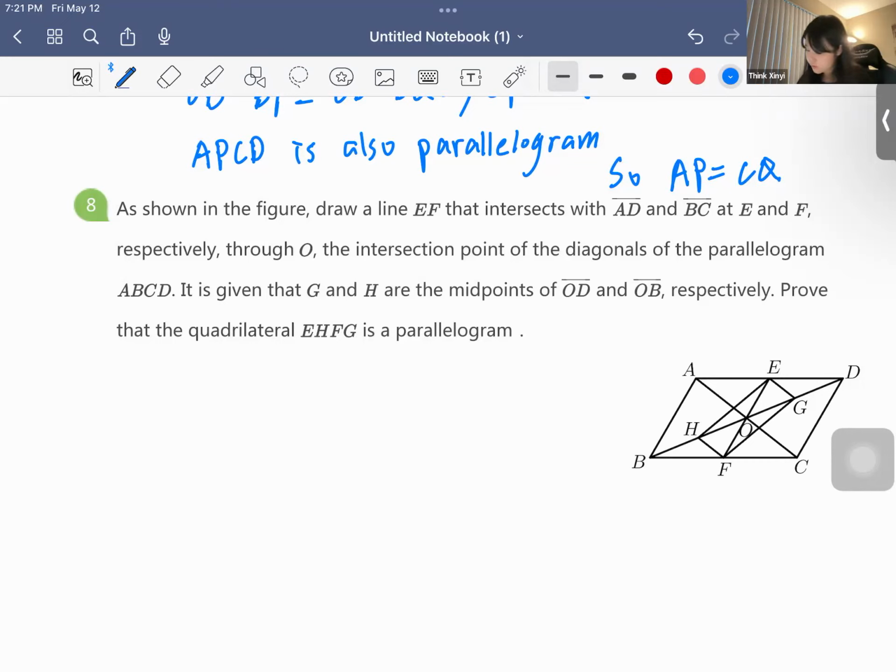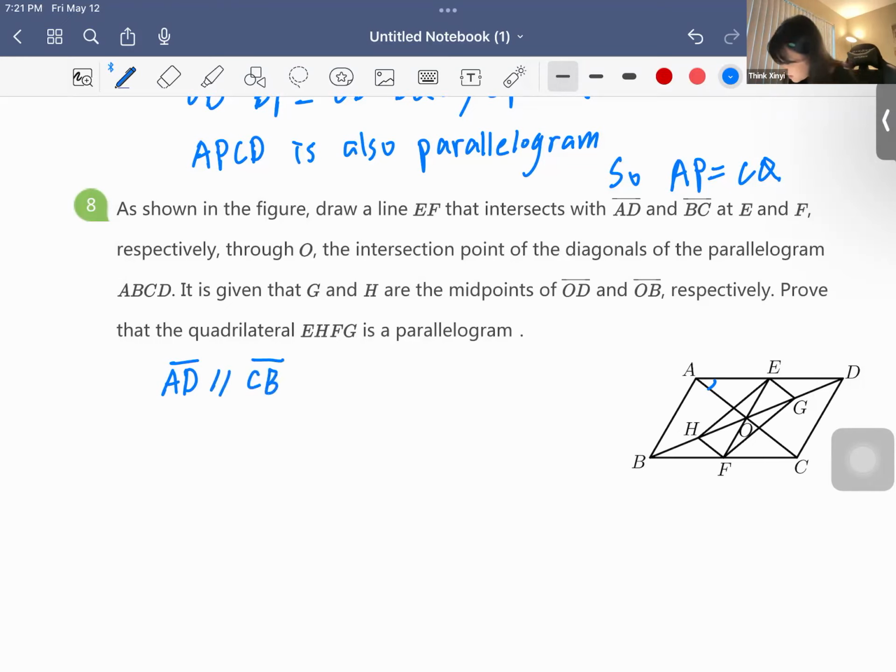Okay, so let's first see, as ABCD is a parallelogram, we can know that AD is parallel to CB.